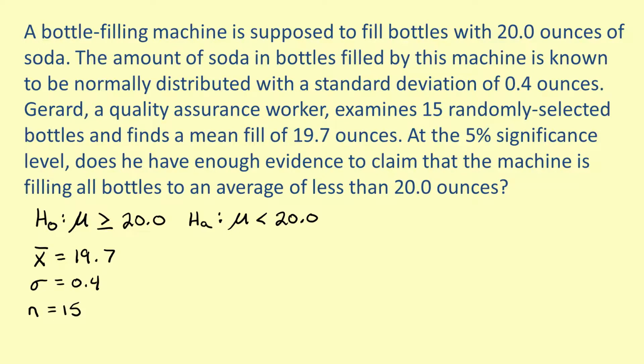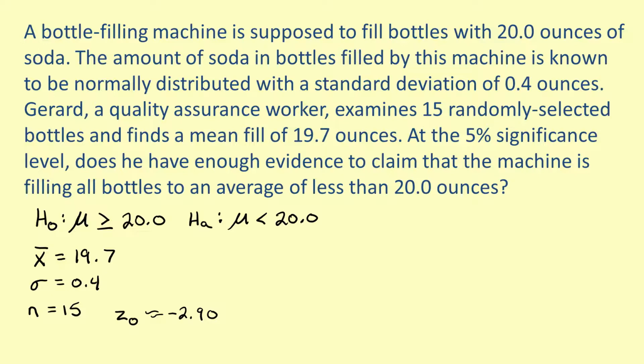From these values, we can calculate our test statistic, z sub 0. We've already covered how the z-score is calculated, so we won't go through the calculation here, but we'll get a test statistic of z sub 0 approximately equals negative 2.90.